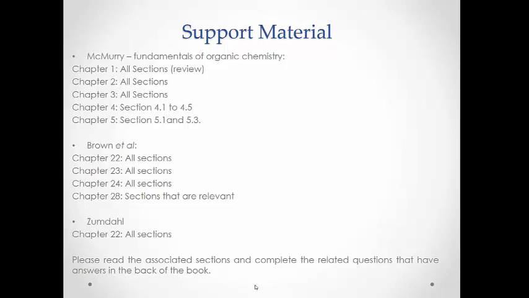And then we'll go into the different functional groups. We'll look at alcohols, carboxylic acids, amines, amides, esters and ethers, and pretty much most of your functional groups, and the types of reactions they undergo.